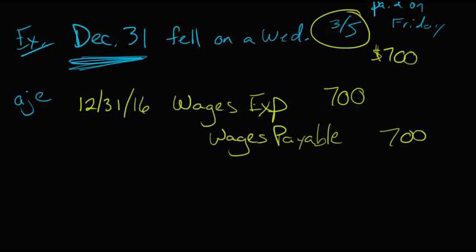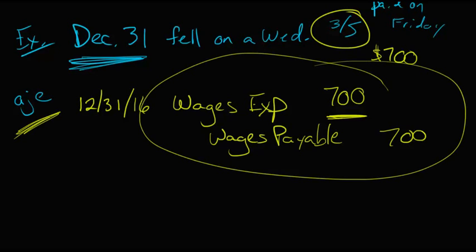You estimate it and say they've earned $700 of wages, we haven't paid it yet because they would get paid on Friday, but it's year end, we're closing our books, and we need to make an adjusting journal entry to reflect the fact that these people have earned $700 of wages. So that's an example of an accrued expense that you would need to make an adjusting journal entry for.